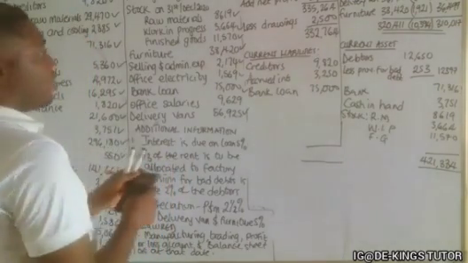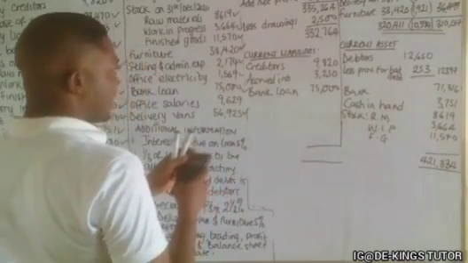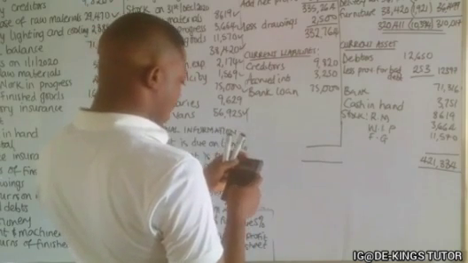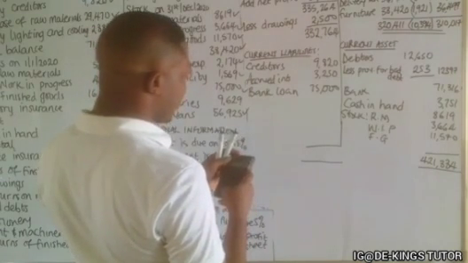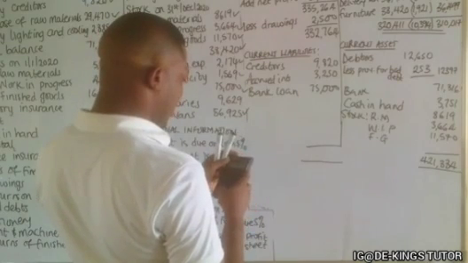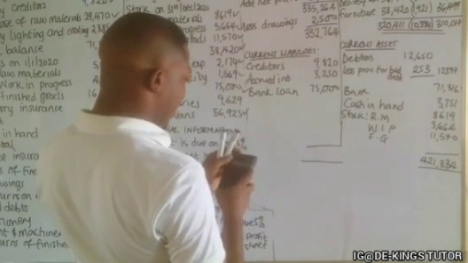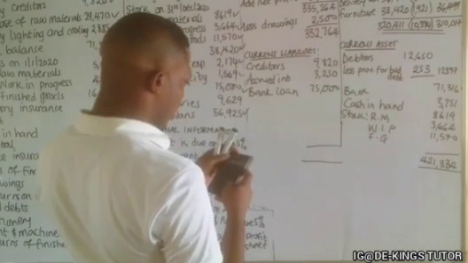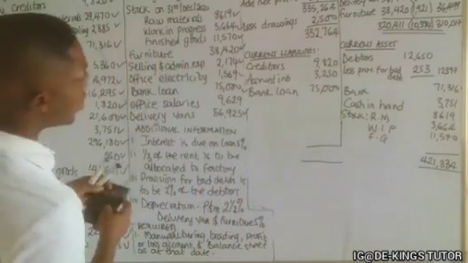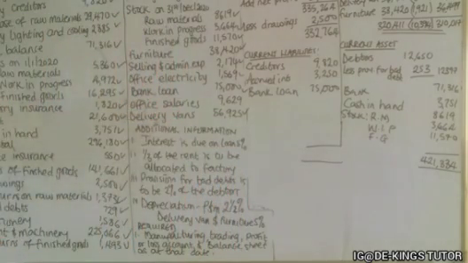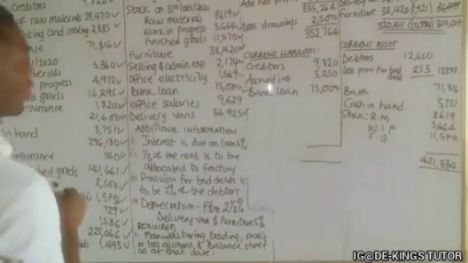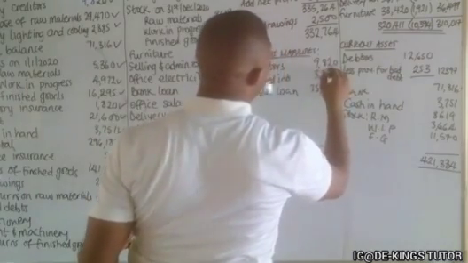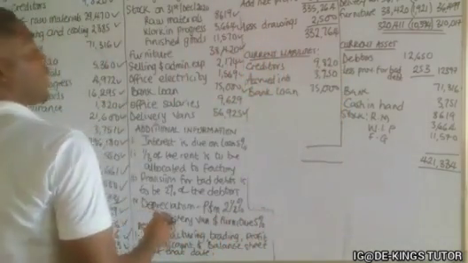The other one, at the left hand side, we have 332,764 plus 9,820 plus 3,250 plus 75,000. The accrued interest is 3,750, not 3,250.